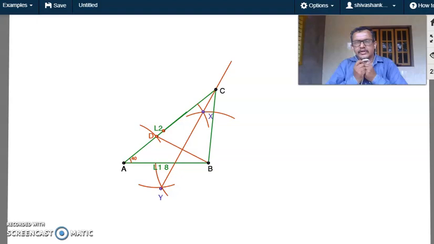Try to construct, and I will give one more problem as an activity.